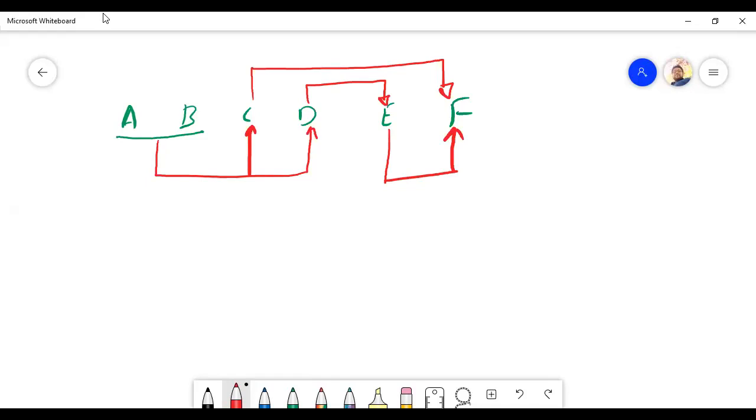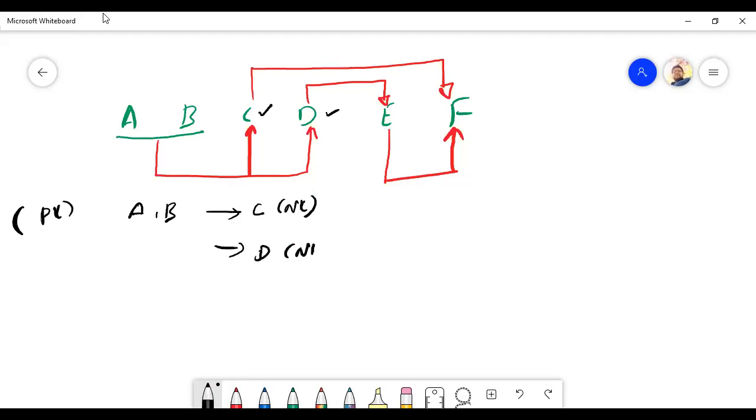Now you can see this fellow C depends on A and B. That is, C would be one non-key depending on the primary key. Now we will take the D. D is a non-key depending on A comma B. Okay. Now next one, E. E, a non-key, depending on D. D is a non-key.